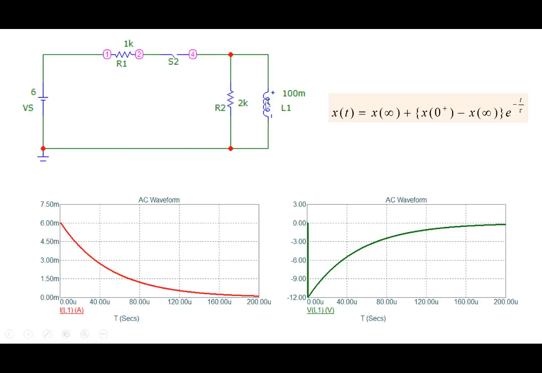Here we are seeing that the voltage across the inductor changes instantaneously from a value of 0 to a value of minus 12, but not the current. Because the current cannot change instantaneously, that makes it easier for us to determine I0 plus. So I0 plus will become equal to I0 minus, and I0 minus we determine using the circuit before the switch is opened.